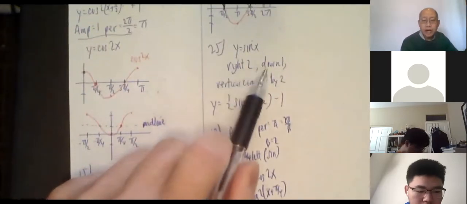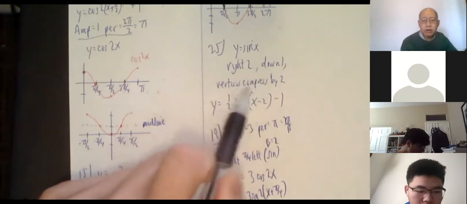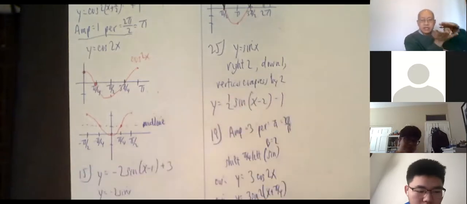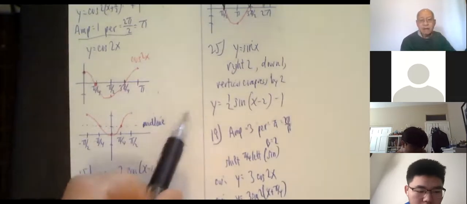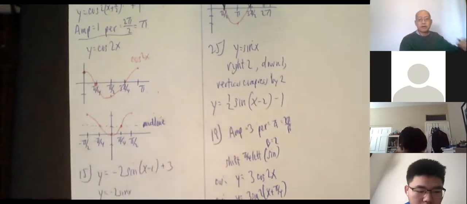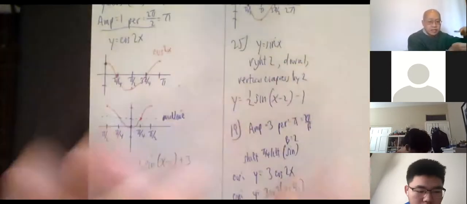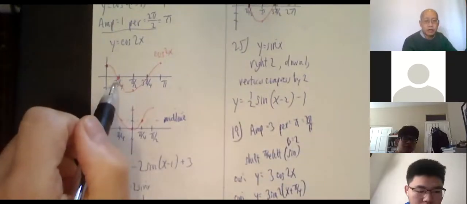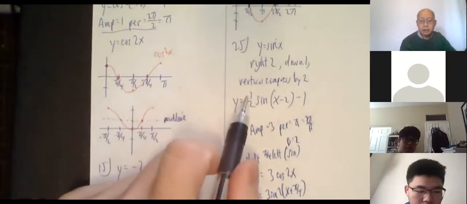Right 2, down 1, we know what that means. Vertical compression by 2, that means it shrinks. So you jam it vertically. That means the coefficient in front of the function is a half. Now you take this graph and just scrunch it vertically.